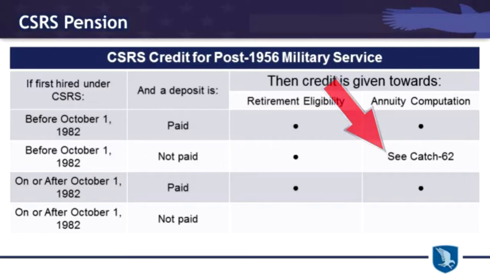If your military service is not paid back and your employment as a CSRS is on or after 1982, you will not receive credit for your annuity computation, nor will that military time count for your leave eligibility. And now Brandon will address the Catch 62.